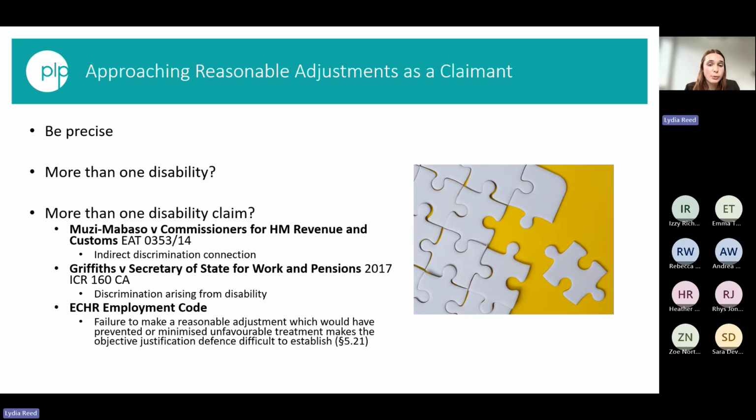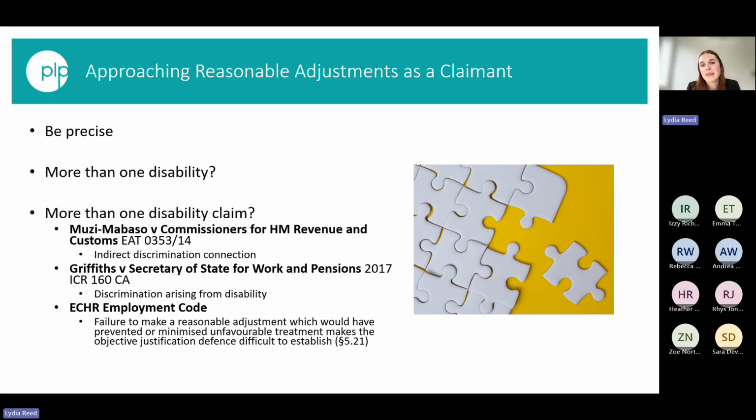As well as more than one disability, there might be more than one disability claim. And the cases I've put on the slide are helpful because the first one, Muzi Mabasso, indicated and discussed the crossover with indirect discrimination claims and reasonable adjustments claims.